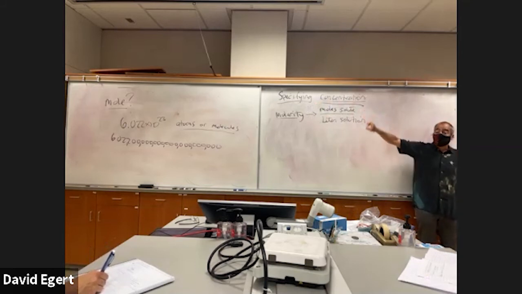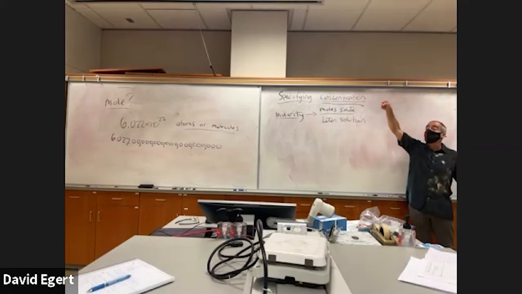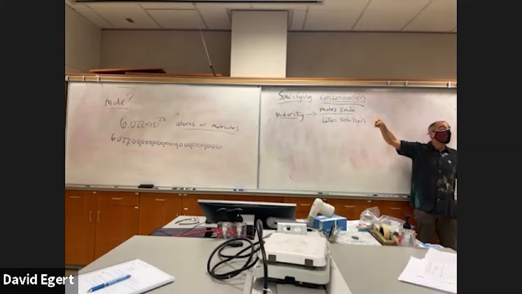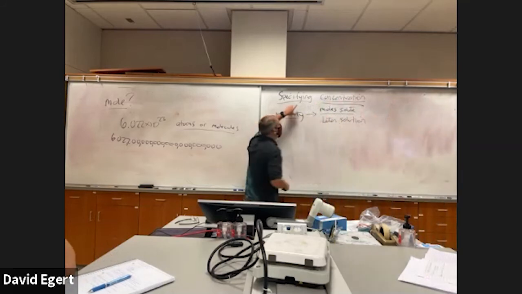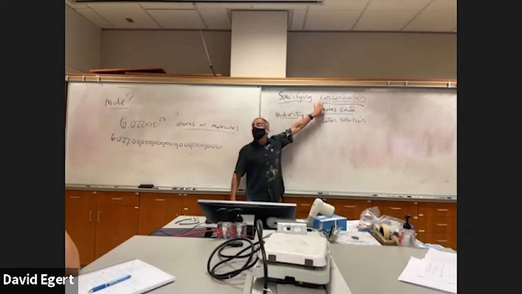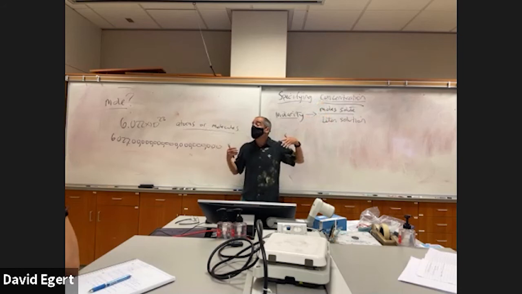If I take a cup of ocean water, it has the exact same concentration as the entire ocean. But there's way less salt in a cup of ocean water than in the entire ocean. So it's not about the sheer amount of solute. It's about the ratio of the solute to the volume.